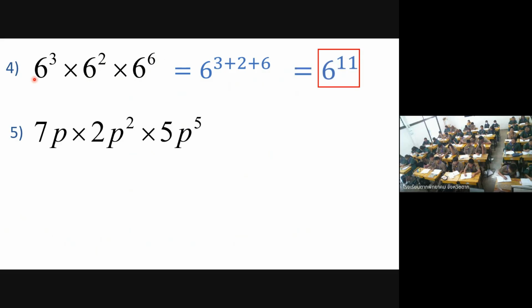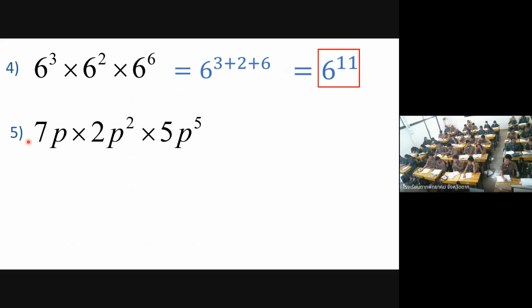What's the answer? Okay, very good. That is 6 to the power of 11. The base is 6. You're just going to copy the base 6, and then you're going to add the exponents. And 3 plus 2 plus 6 is equal to 11, right? So we have 6 to the power of 11.